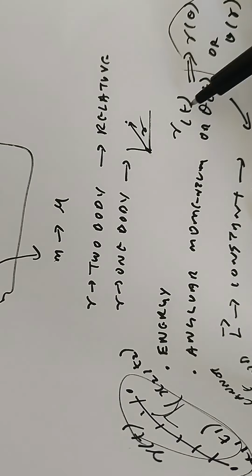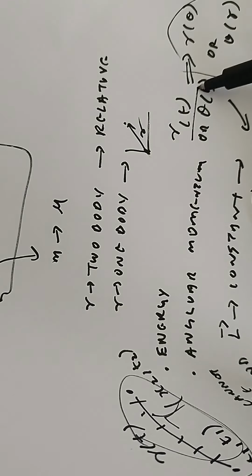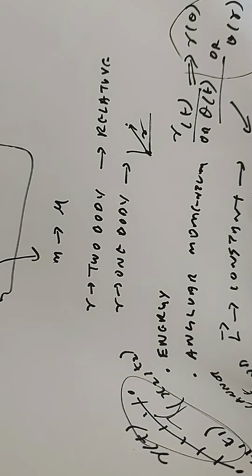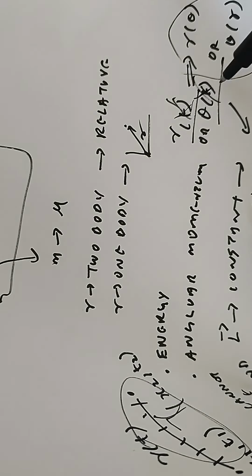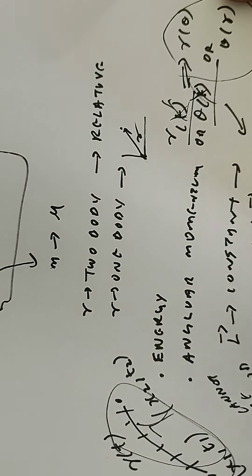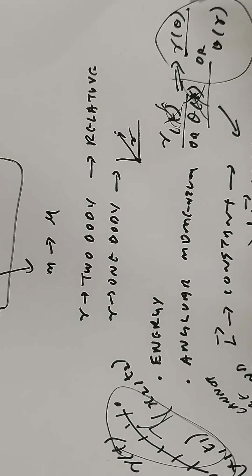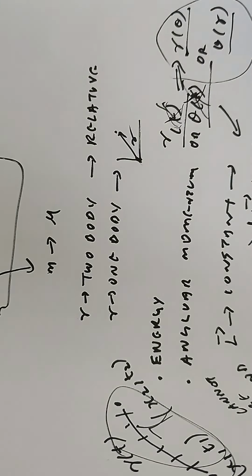Why we can't find this analytically is because of the dependence on time. If we can somehow eliminate this time dependence, in the form of r as a function of theta or theta as a function of r, we can solve the equation.